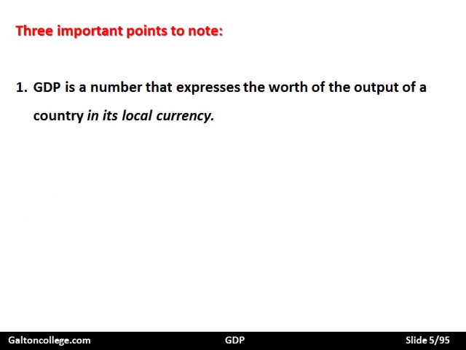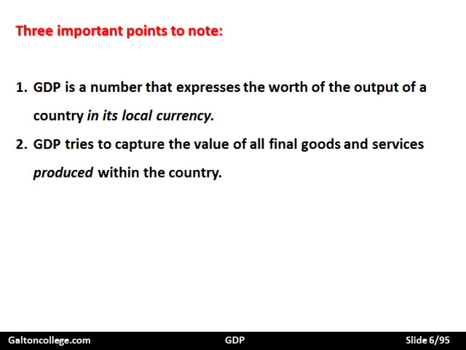GDP is a number that expresses the worth of the output of a country in its local currency. So it's denominated in the local currency, whatever that is. The euro, the pound, the dollar, whatever it is. GDP tries to capture the value of all final goods and services produced within the country.